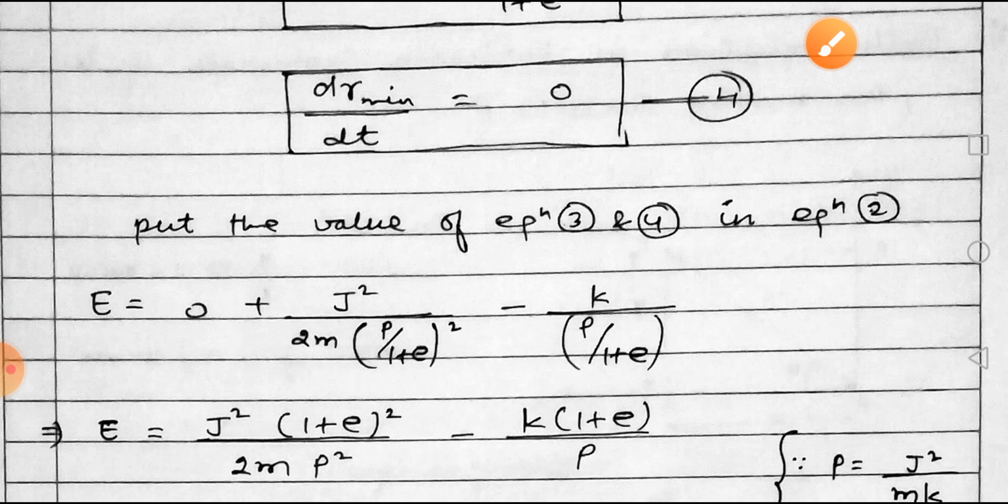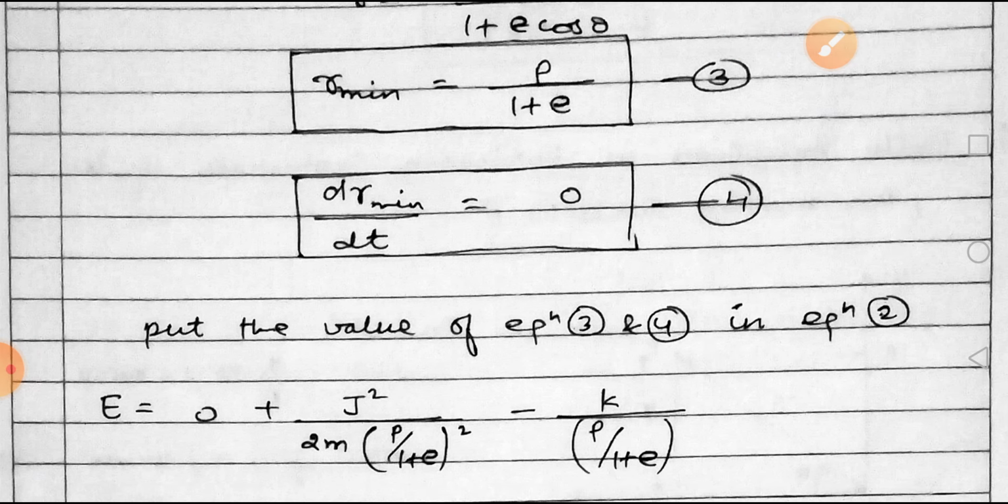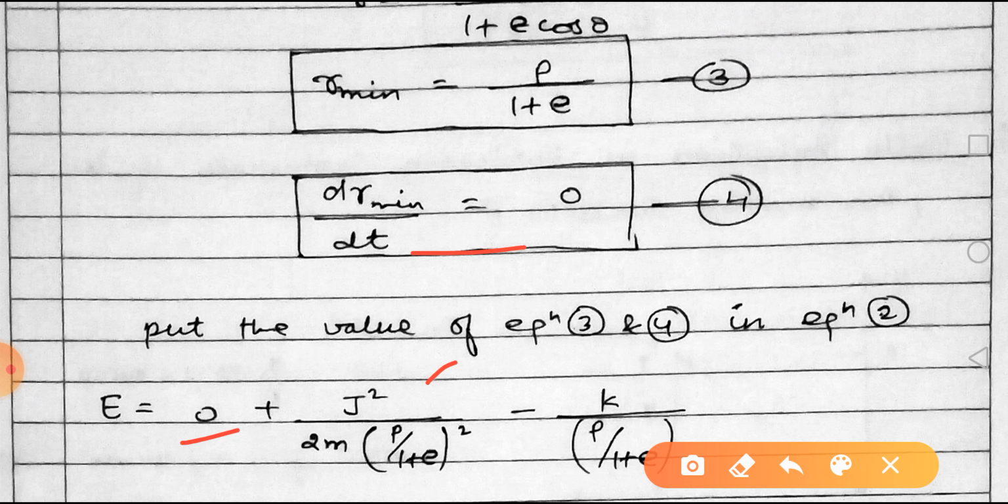Now we know that energy E is equal to half of m (dr upon dt) whole square, then dr upon dt is 0, so this term is 0, plus j square upon 2m r square, where r is p upon 1 plus e, minus k upon r, and k upon r is also (1 plus e) upon p.